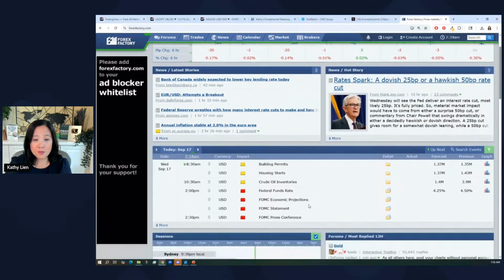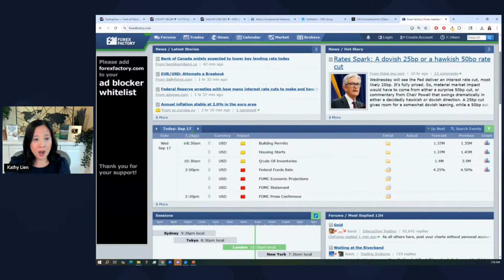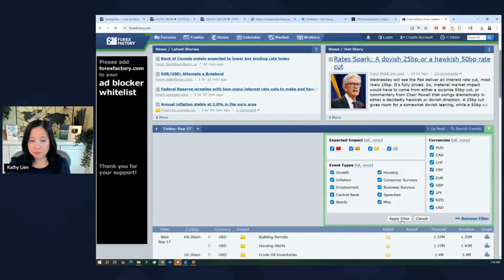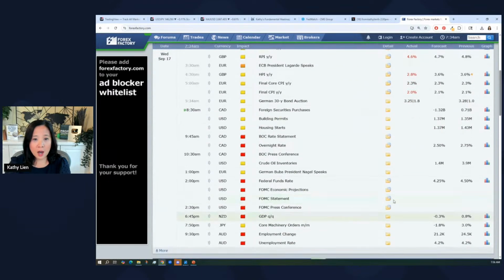Now, of course, we have more than that happening today. Let me put my calendar back up. First of all, we have housing starts and building permits coming out at 8:30 this morning. Housing data these days has taken on a lot less importance, so this is not going to move markets at all. But at 9:45, we have the Bank of Canada interest rate decision.